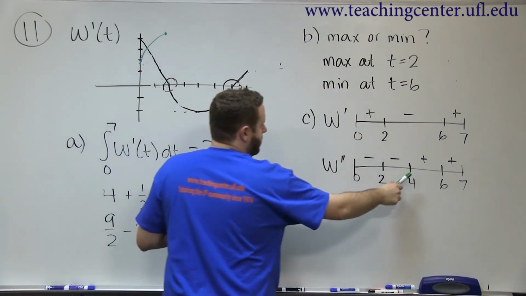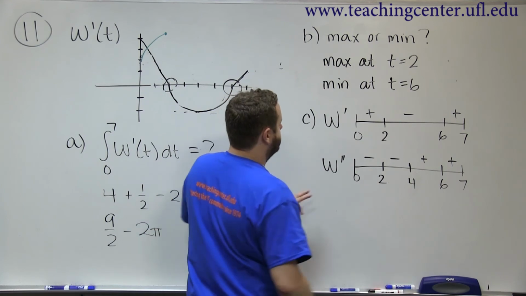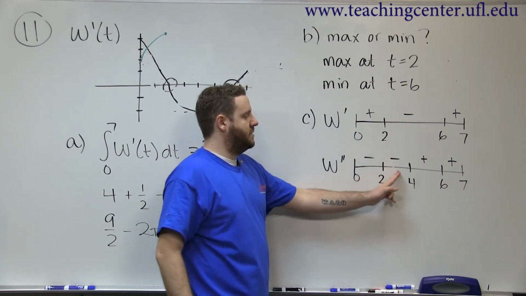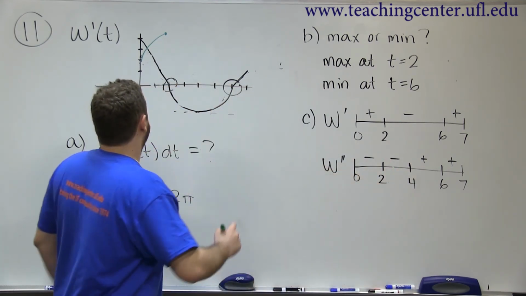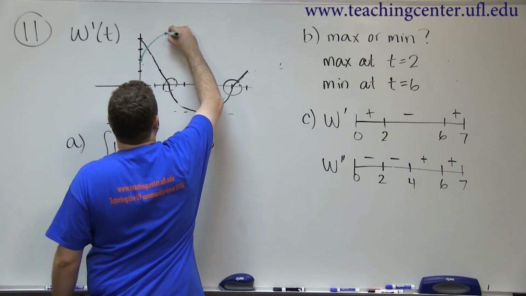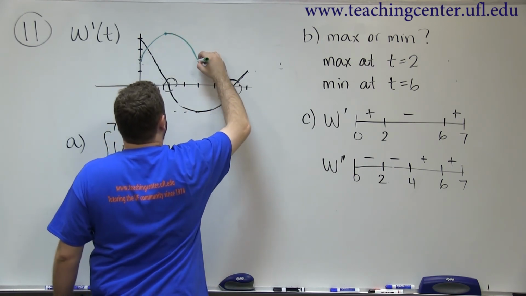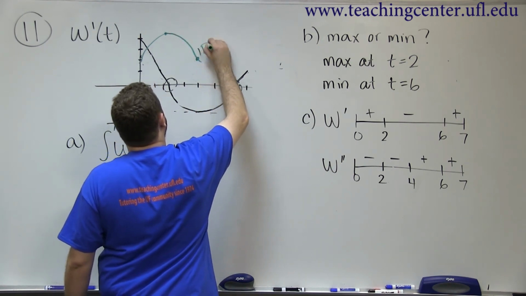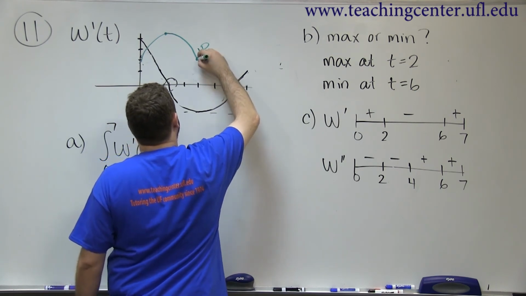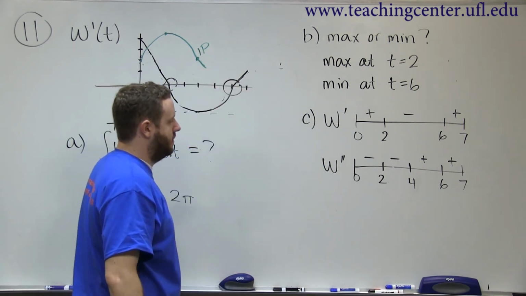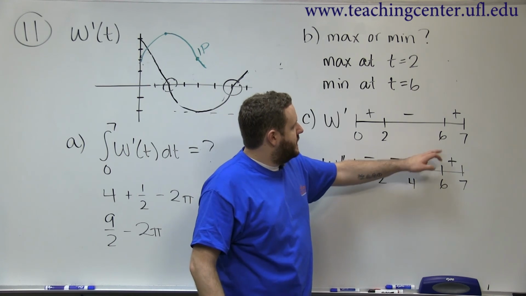And at 4, the next upcoming point, we have an inflection point because our second derivative goes from negative to positive, so we switch concavity. So this is increasing concave down, and then right here, we have an inflection point. We switch back to being concave up. We're still decreasing though. And at 6, we hit a minimum.